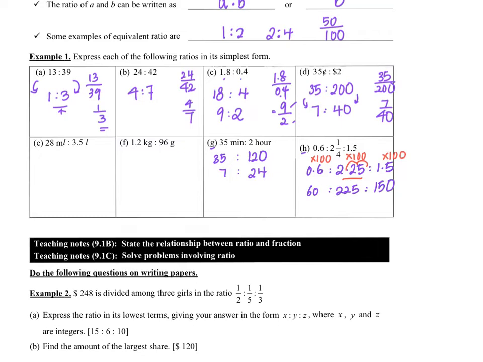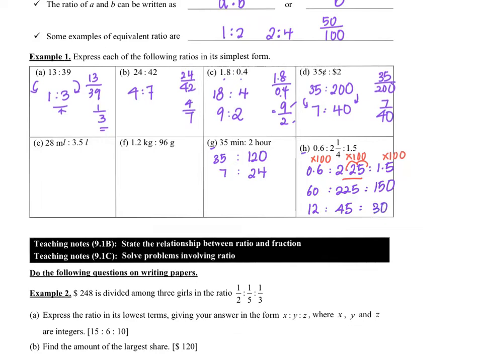Now let's try to simplify all this so I can divide by 5. So 60 divided by 5 will give me the number 12. 225 divided by 5, I'm sure it can be divided. This will be 45. And then 150 divided by 5, that will give me 30.